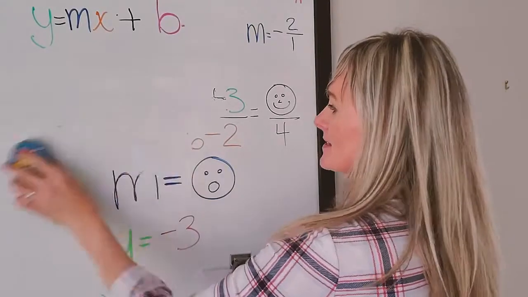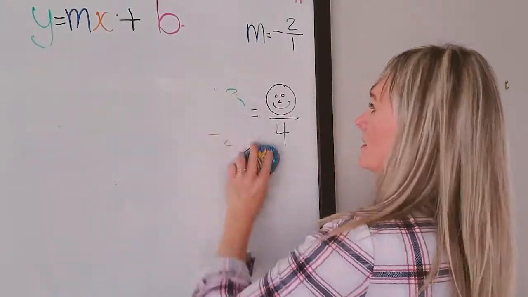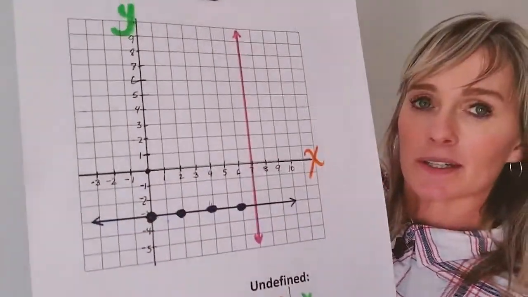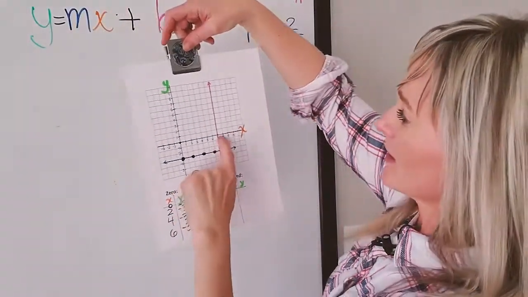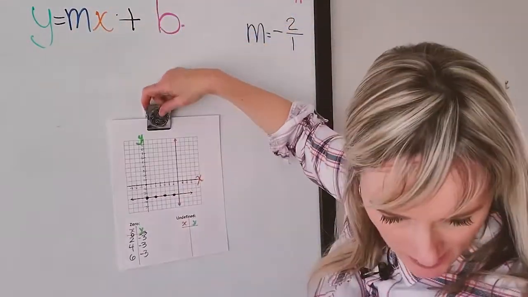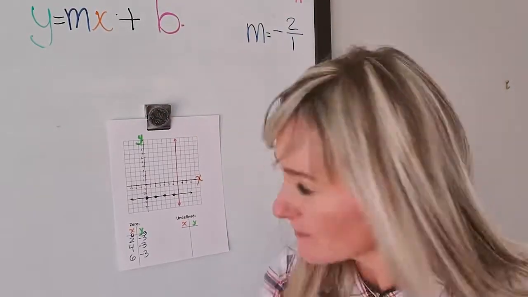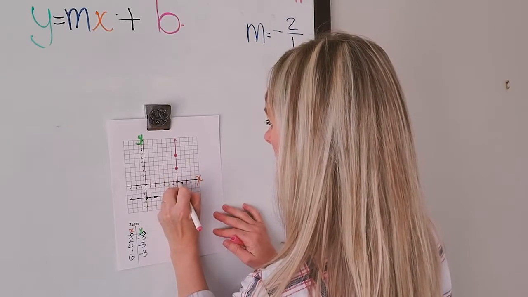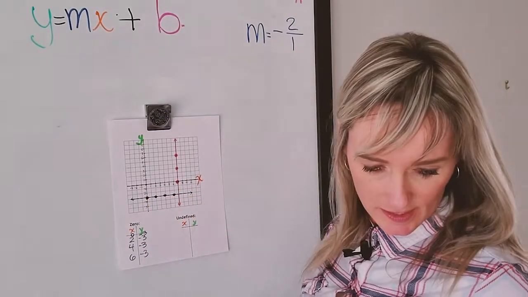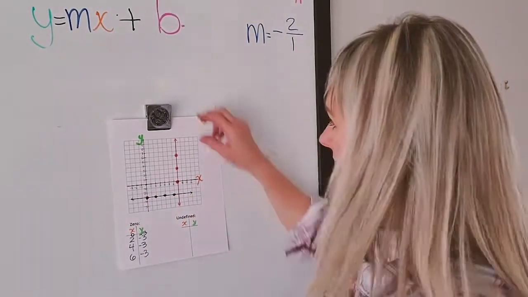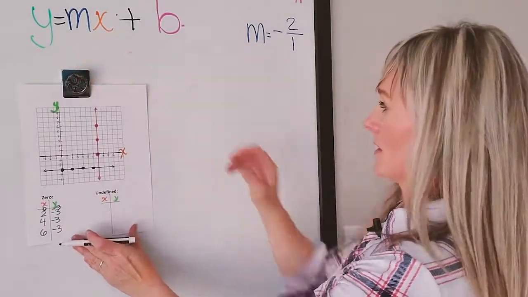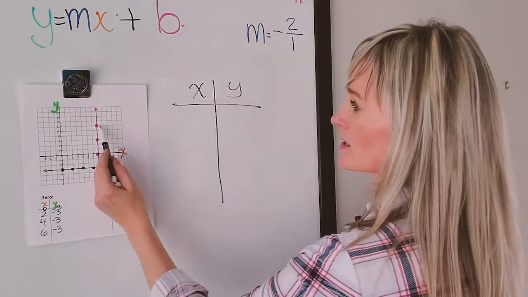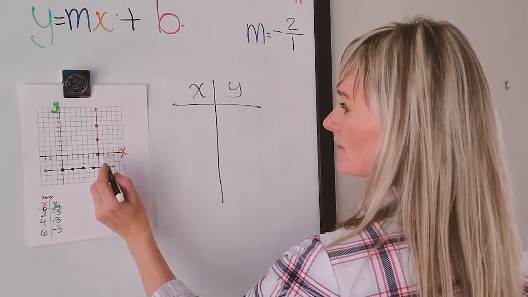Now what happens when you have a vertical line, like the pink one here? If you take some of our values on this line, let's go here, here, and here. I'm going to put them over here this time, X and Y. Let's start with our very first value.